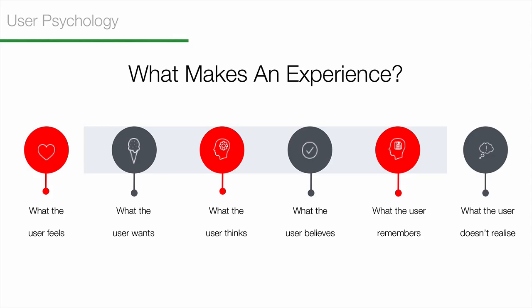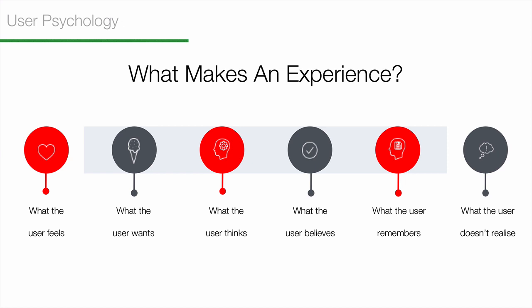So the what doesn't necessarily equal the how, and it's interesting to understand what makes an experience. So it's not only what people touch, it's what the user feels. So there's an emotional element. So what they actually genuinely want. Do they want an end thing? Have they got an end conversion point in their minds?